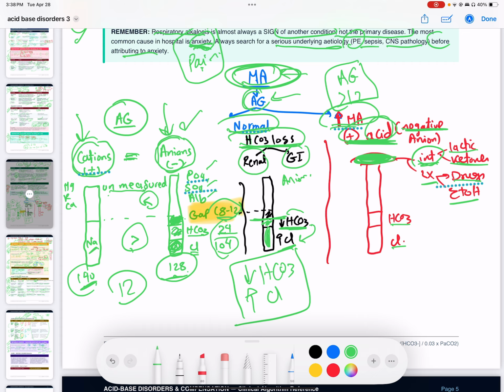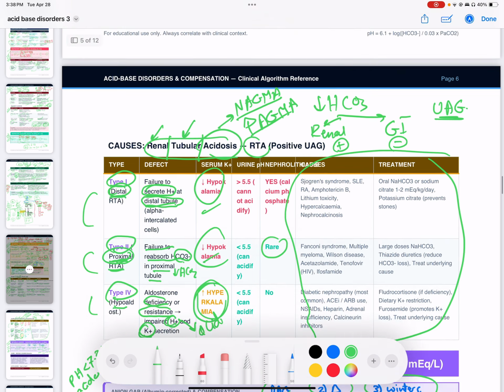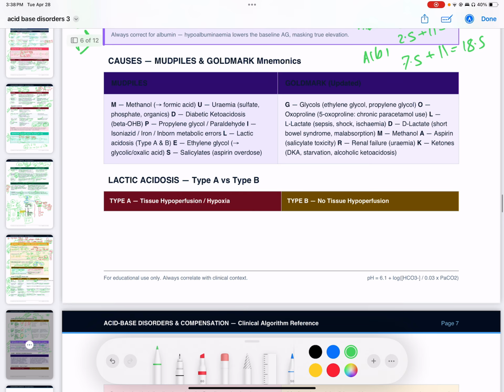And this acid can be intrinsic or extrinsic. There are different mnemonics you can pick, and all these mnemonics are just an indication of one thing: increased acid in the blood, whether intrinsic or extrinsic.